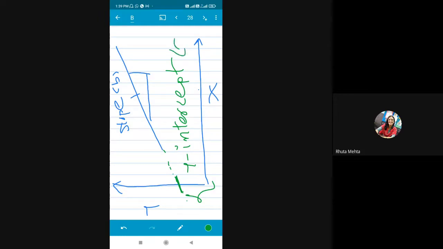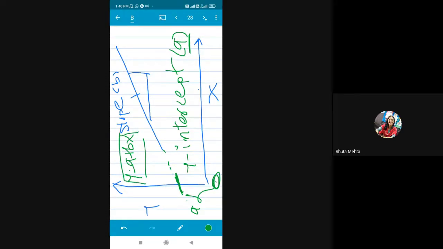Now what is this y-intercept suggesting? This is going to be A for us, where we have y is equal to a plus bx. Now A is going to be constant. Constant means if x is 0, then also we are going to have some value of y. This is the formula for a straight line.